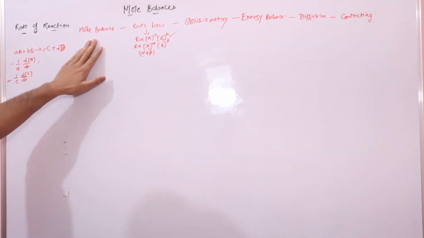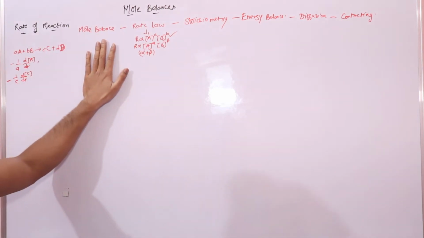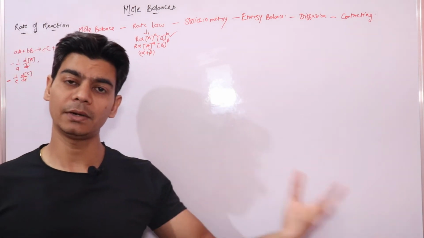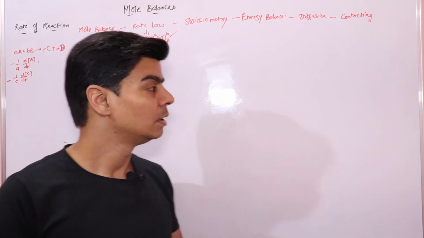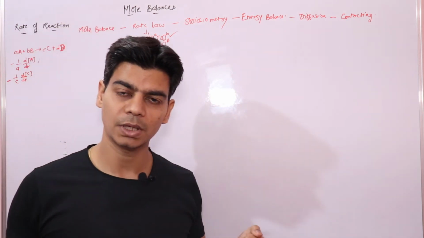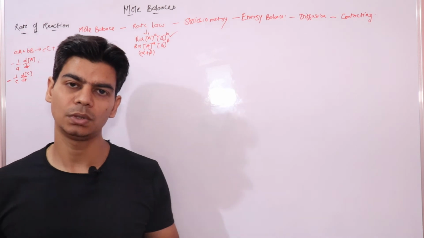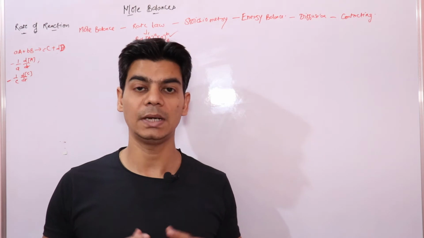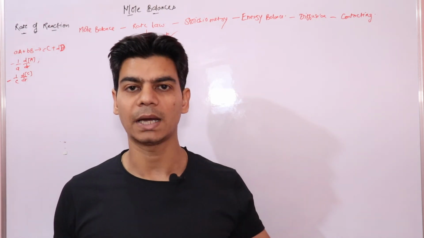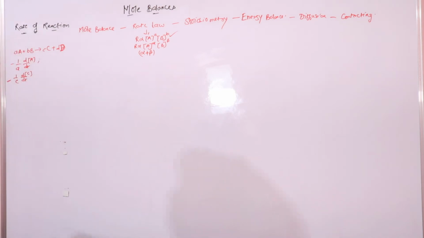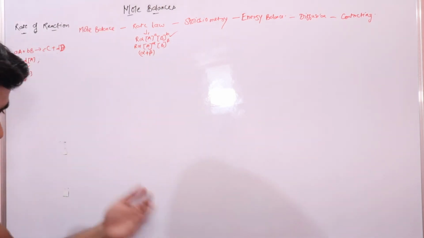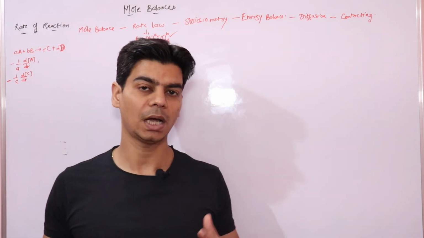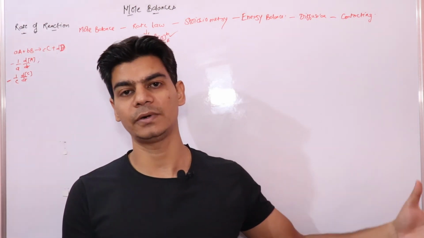When we talk about mole balance, in this video lecture we'll just understand what a mole balance is and what the rate of reaction is. Because we have studied rate of reaction in our school classes, but now we'll elaborate on it more, based on the reactors. In the next video lecture we would be deriving the general mole balance equation, and we will see how the mole balance equation applies to different reactors.